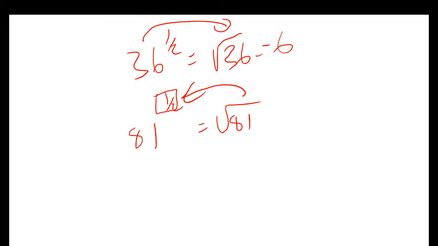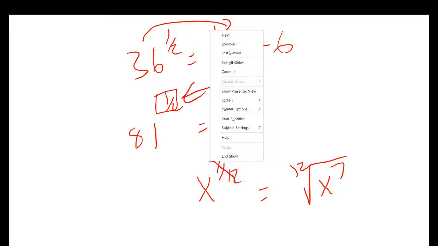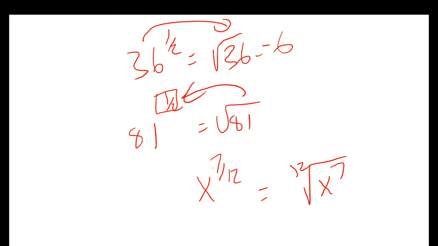Okay. Right? Like if I say to you x to the 7/12, you know that's the 12th root of x to the 7th, yes? Yes. Okay, so then if I got rid of this and made this the 15th root and made this 11, what would this exponent be? 11/15.